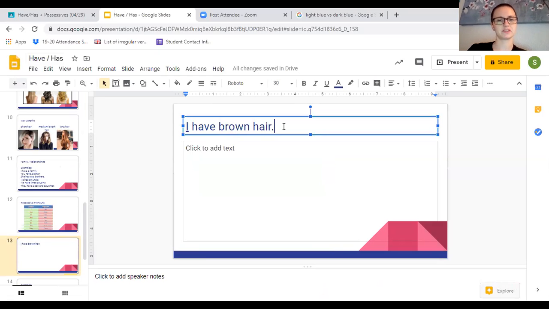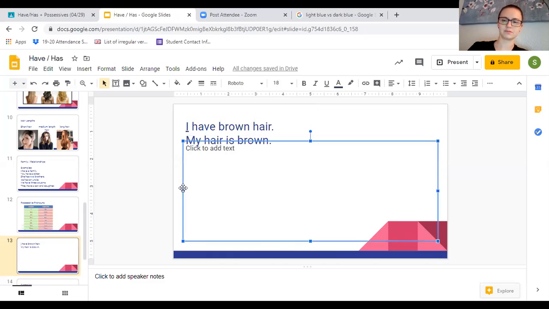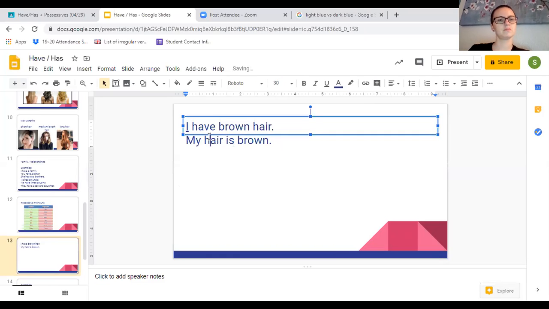Let's type another sentence. My hair is brown. So here is a possessive adjective. You'll notice a few things about this. First, there's a second word that comes after it, hair. So possessive adjectives need a noun friend.